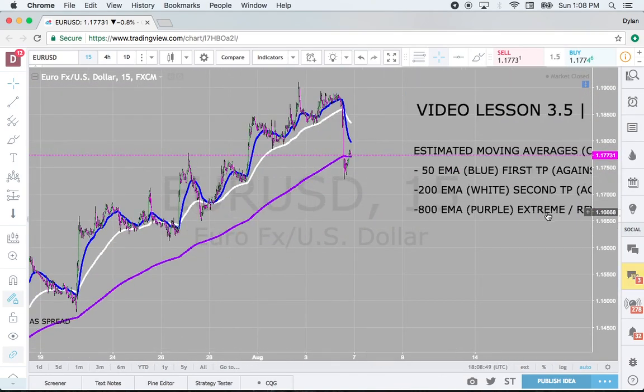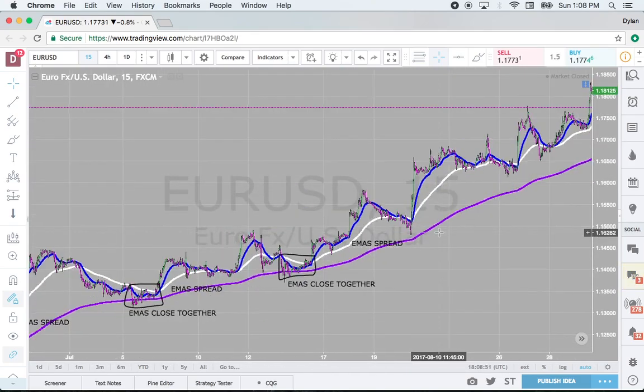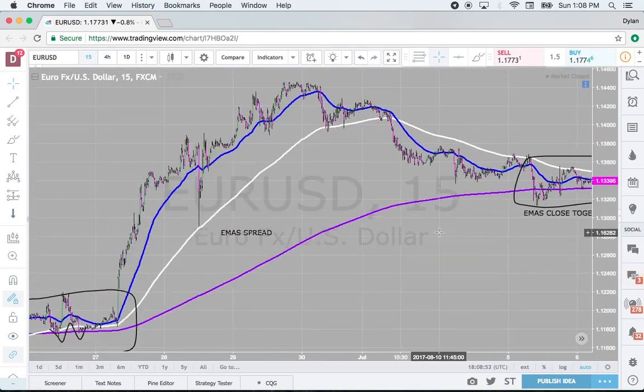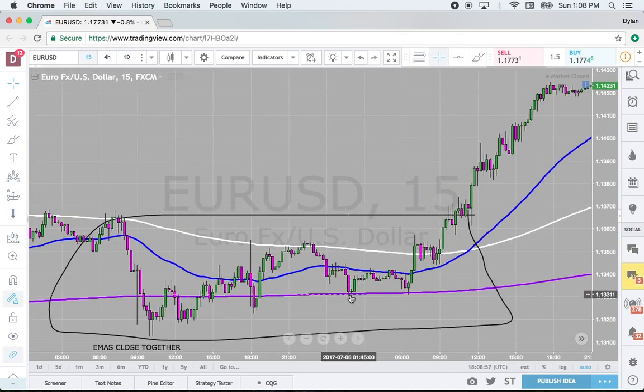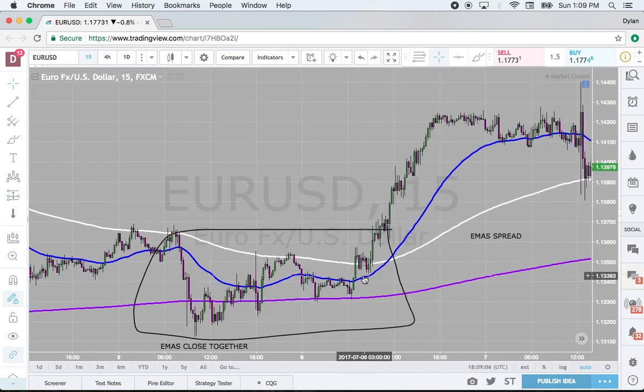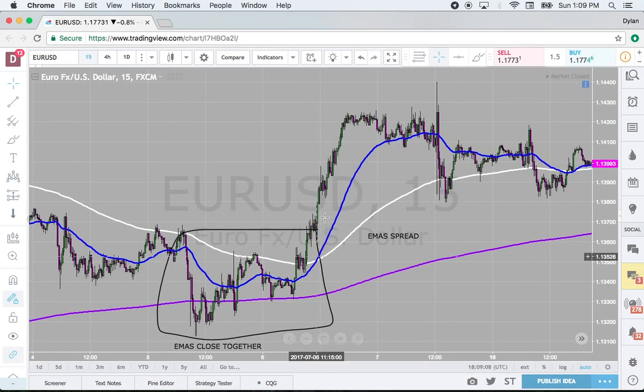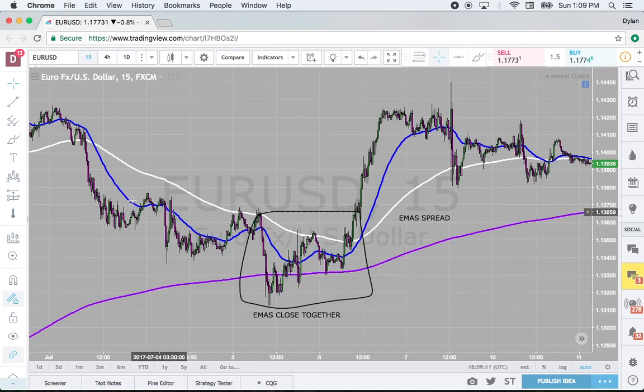But yeah, basically the 800 EMA as well, if there is a W formation on the 800 EMA, that represents a reset in the trend. So you can see it was downtrending.